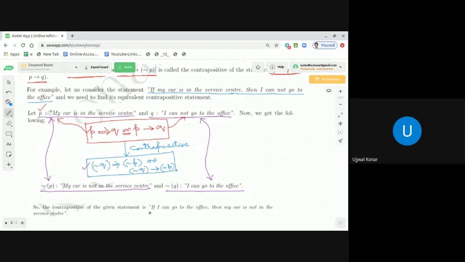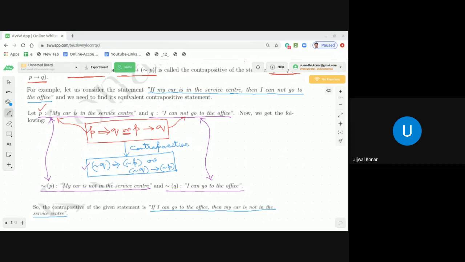And the contrapositive of this statement is: if I can go to the office, then my car is not in the service center. I hope you got a very clear idea, dear students, about the contrapositive of a conditional statement.